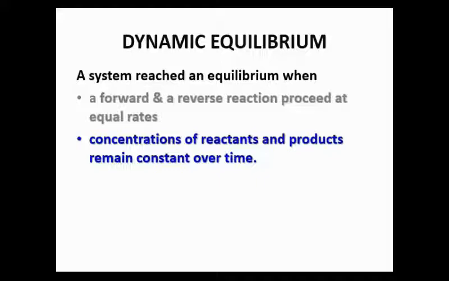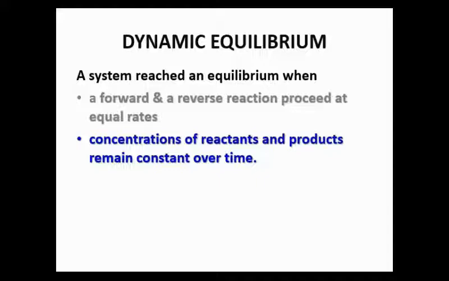So there are two factors that will tell you whether the system has reached an equilibrium or not. When a chemical system is at equilibrium, there are no visible changes to the system.